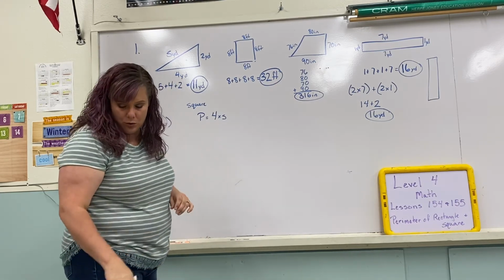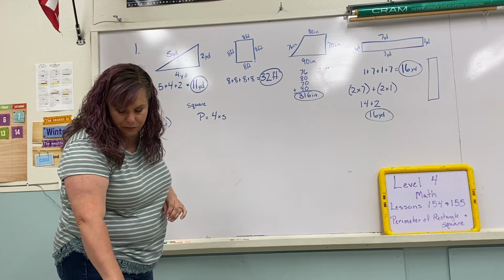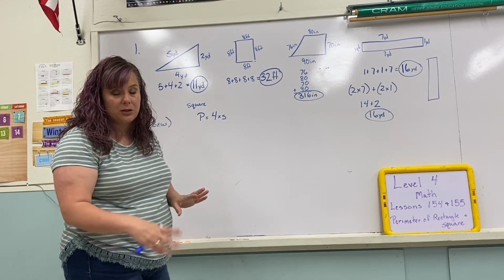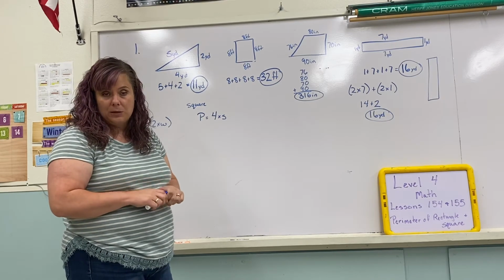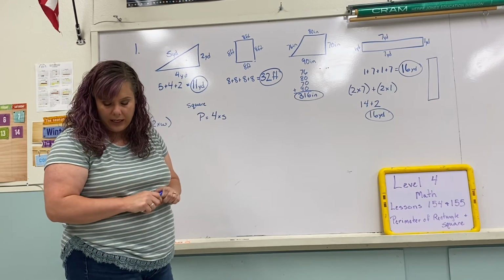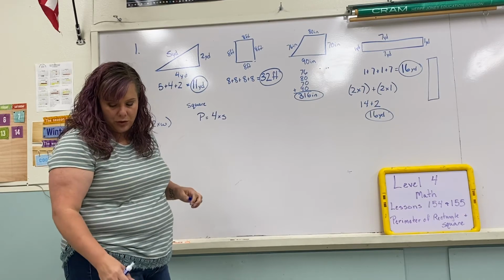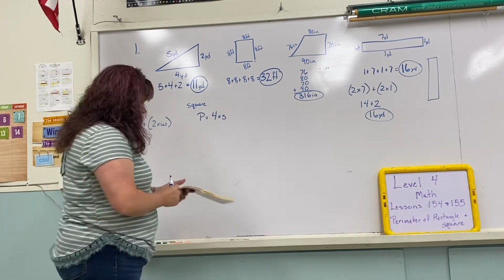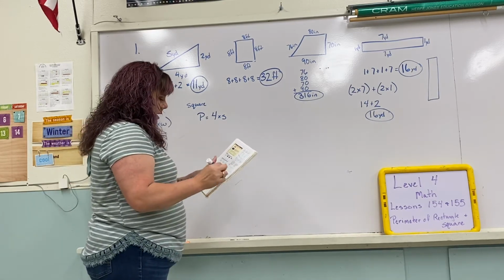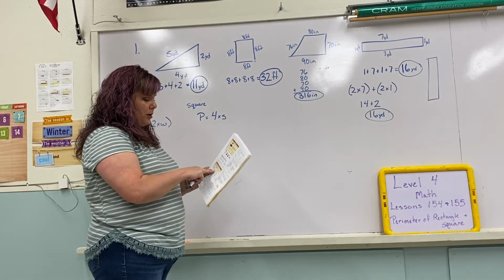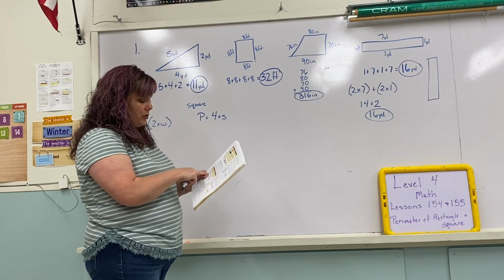So number 2 on page 279, again, if you want to pause me and get tomorrow's math page, that's fine. Or you can write this down on another piece of paper. Either way is fine. Okay, so we're going to look at number 2. Number 1 is wanting you to find the perimeter by adding them up. So the first one, A, says side is 3 yards.